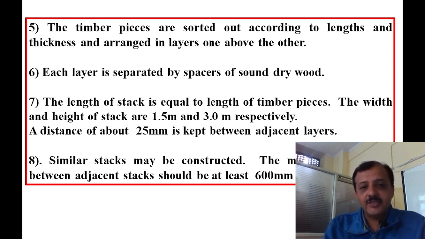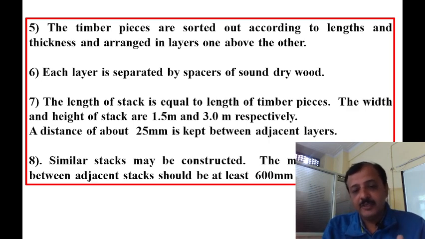The length of the stack is equal to the length of the timber pieces, and the width and height of the stacks are limited to 1.5 meter to 3 meter, not more than that. A distance of about 25 mm is kept between adjacent layers. From one layer to another, we have to keep a minimum distance of 25 mm. Similar stacks are constructed, and the distance from one stack to another should be 600 mm, that is 60 centimeter.